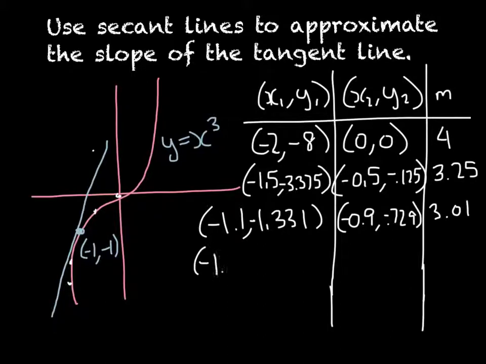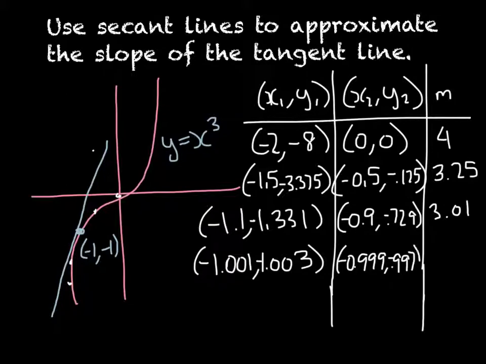So how about -1.001 and -0.999. Now these two are pretty much the same thing as 1 by now. So if we plug these in, for y, we'll get 1.003, just about, and -0.997.